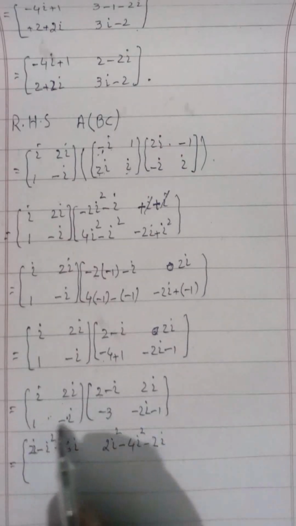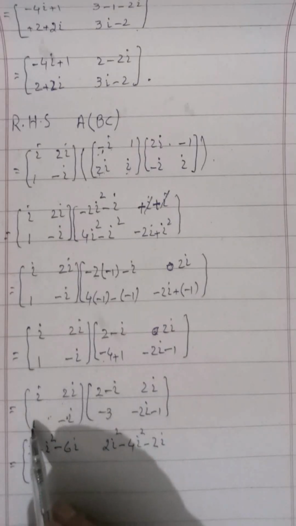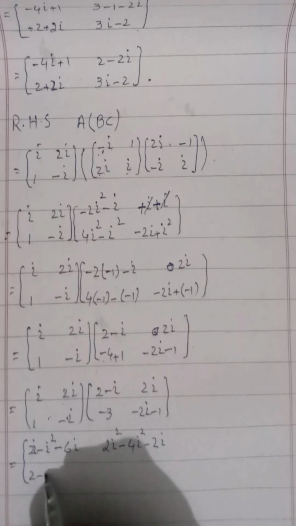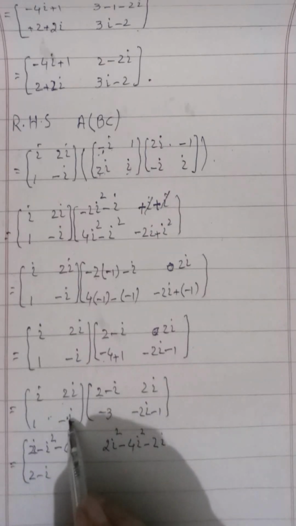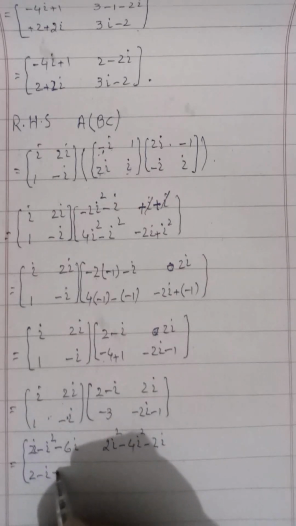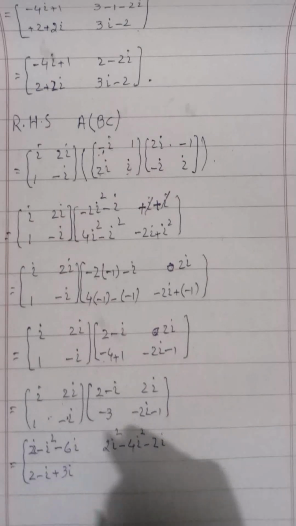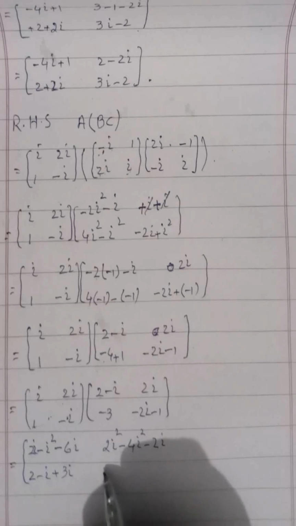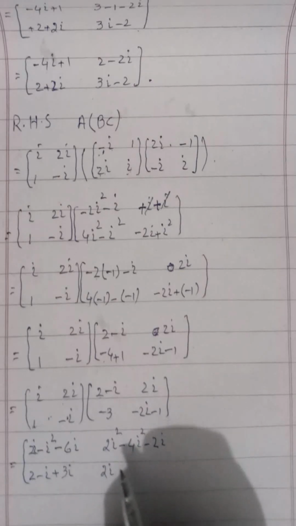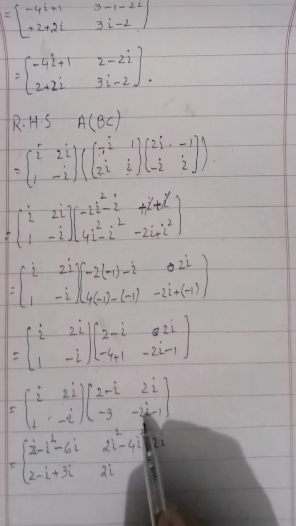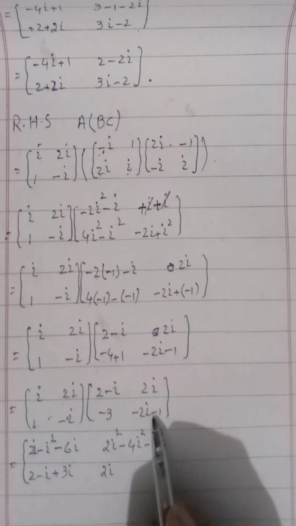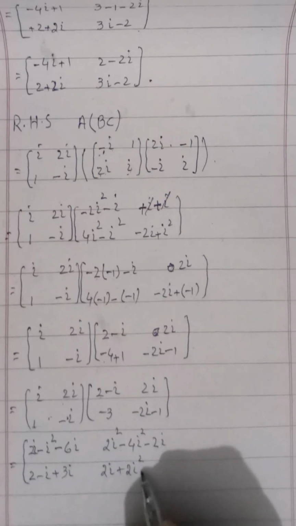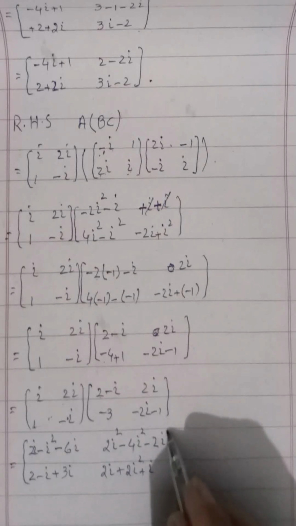And now second row with the first column, 1 is multiplied by 2 minus iota, we get 2 minus iota, and minus iota multiplied by minus 3 is equal to plus 3 iota. Now the second row multiplied with the second column, 1 multiplied by 2 iota is equal to 2 iota, minus iota multiplied by minus 2 iota minus 1 is equal to plus 2 iota square plus iota.